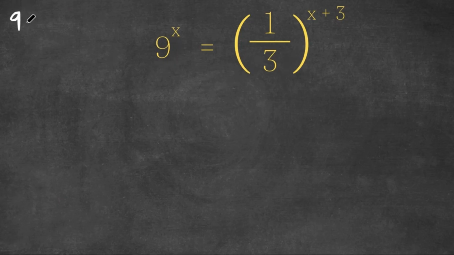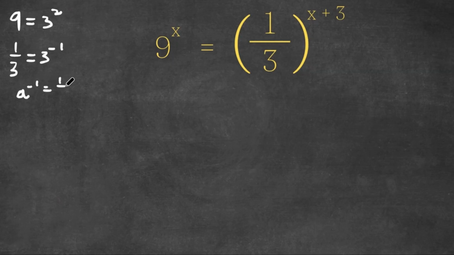So 9, this is equal to 3 squared. And 1 over 3, this is equal to 3 to the power of negative 1. Because remember, a to the power of negative 1 is going to be 1 over a.